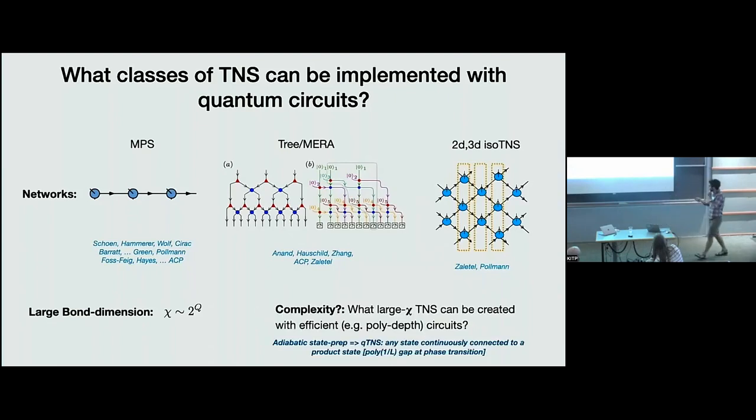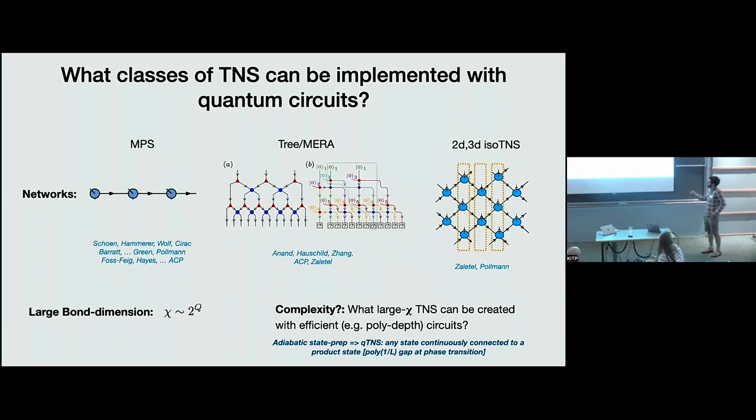An important question is, we can in principle represent large bond dimension tensor networks in this way, but what circuit resources would you require? To represent a general circuit on this many qubits would require local gate counts that are also exponential in q, which wouldn't be good.